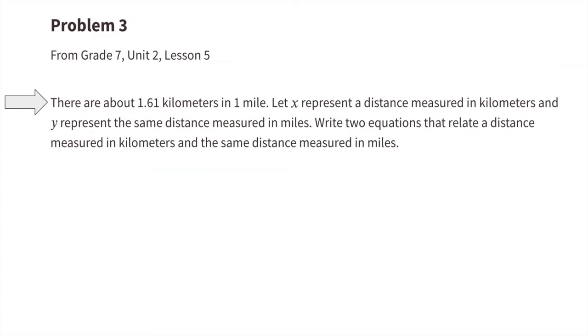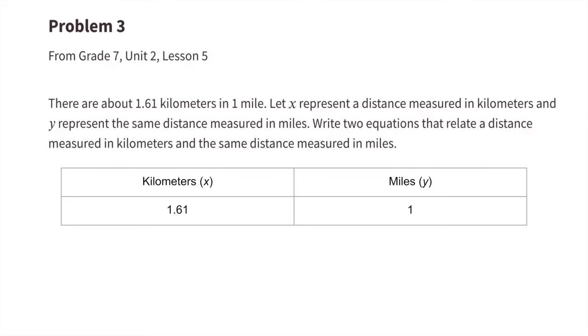Number 3. There are about 1 61/100 kilometers in 1 mile. Let x represent a distance measured in kilometers and y represent the same distance measured in miles. Write 2 equations that relate a distance measured in kilometers and the same distance measured in miles.